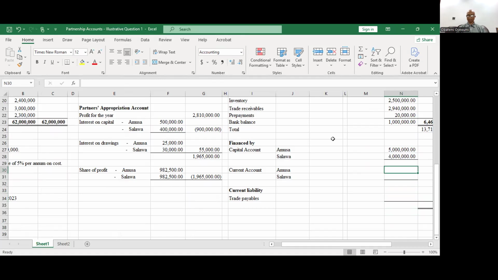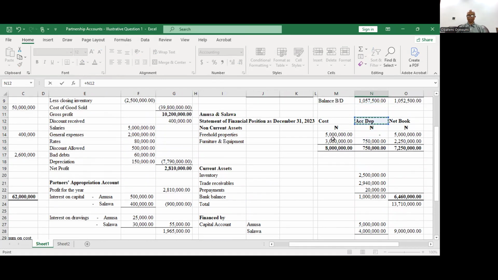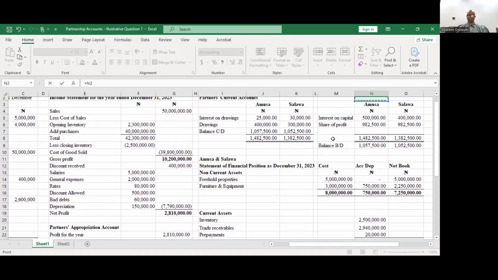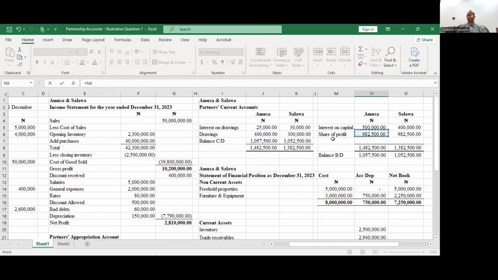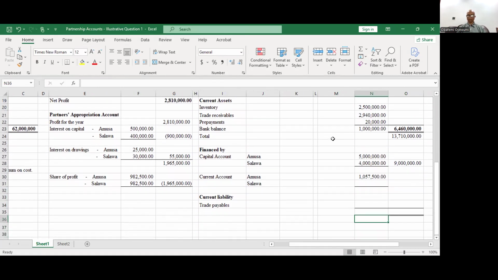Current account. So how much do we have now? 9 million. Then let's go to our current accounts. Our figure for Amusa is on top, 1.057.